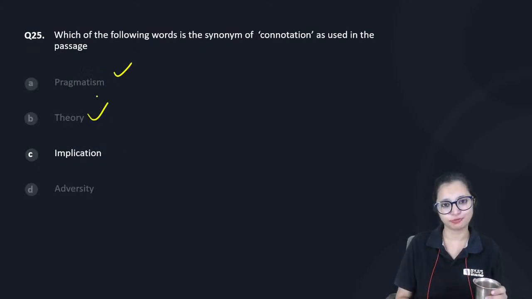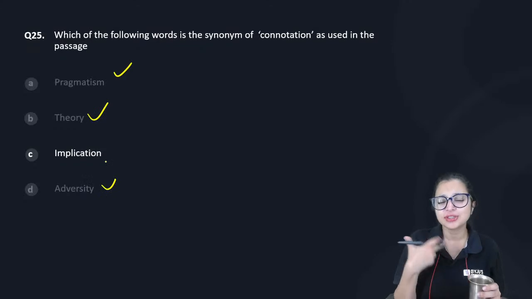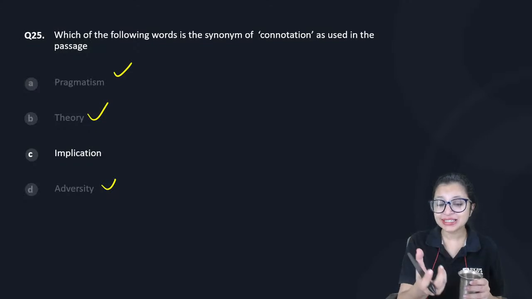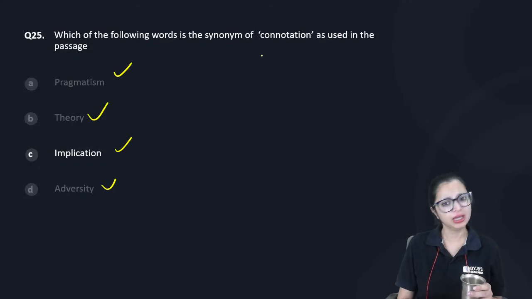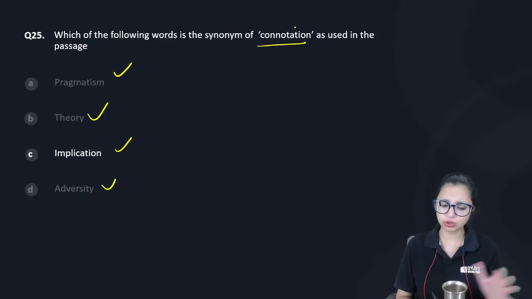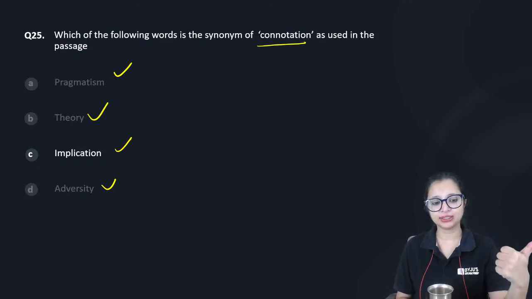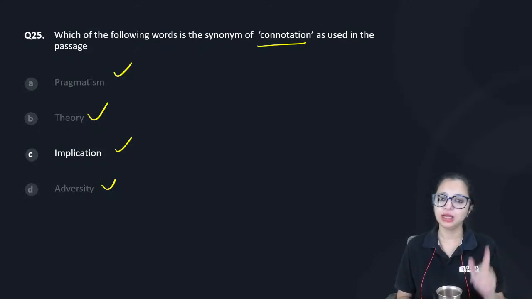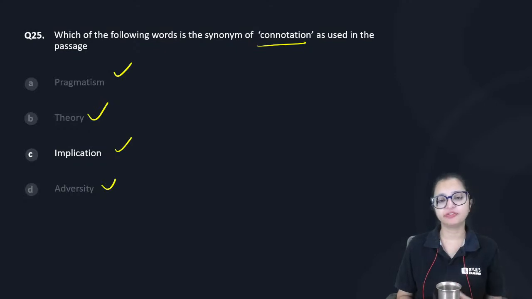Theory is the opposite of pragmatism. Adversity is a situation that's very difficult for you to deal with. A stressful situation, testing times is adversity. Connotation means the implication of the word. Still, if you don't know the meaning of connotation, I would highly recommend going back to the passage, confirming, and then marking the answer. Always answer contextual vocabulary by referring back.